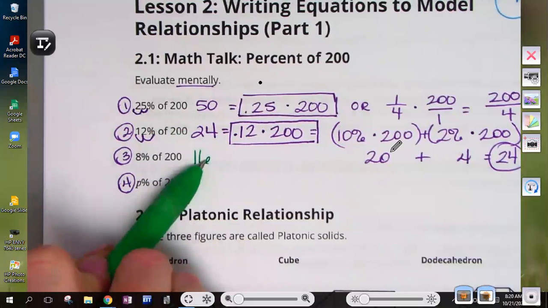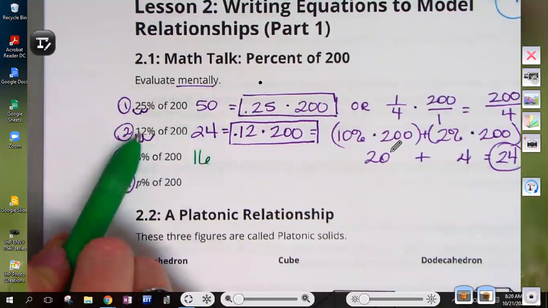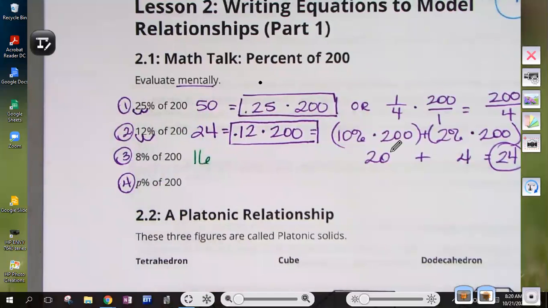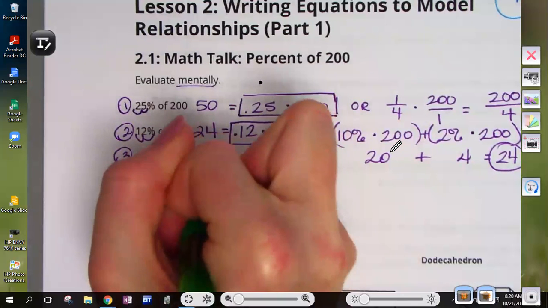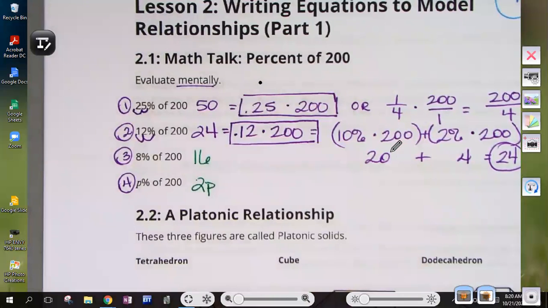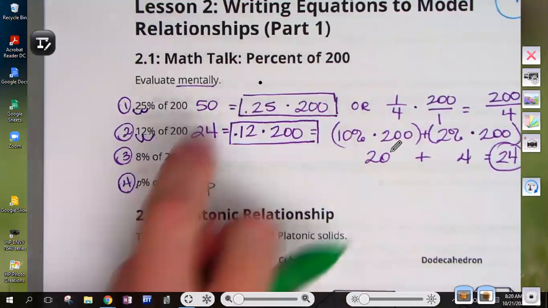So what did we do to our percentage each time? Doubled it. So how can we show that mathematically? How do we show that we double something? We multiplied it by 2. So we could just put 2P. Okay, that's one way we did it.